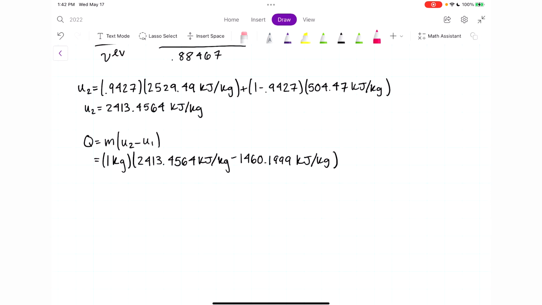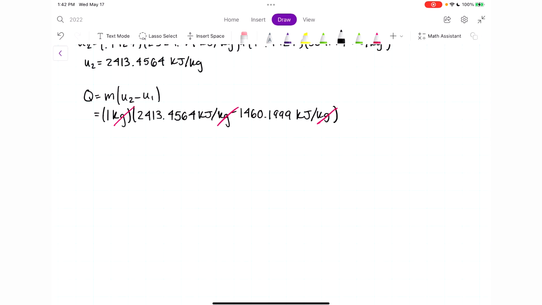The kilograms cancel out, and after plugging it into a calculator, we know that the heat added was 953.2565 kilojoules. So this is the heat added going from state 1 to state 2. Great, perfect.